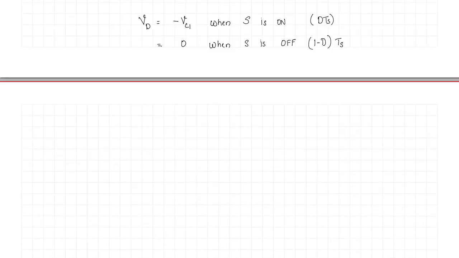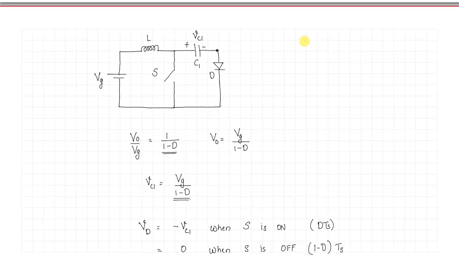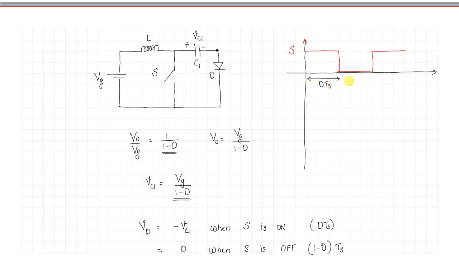So if you were to now look at this circuit and plot the diode voltage, what we'll do is first plot the switching signal for the switch. Let's say that is like this. This is your D times Ts, and that is 1 minus D times Ts.